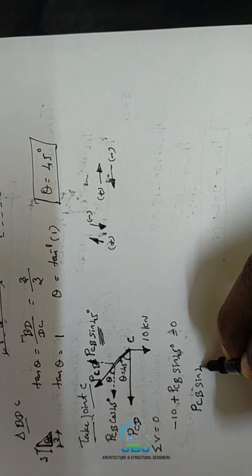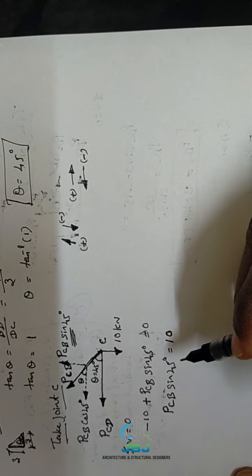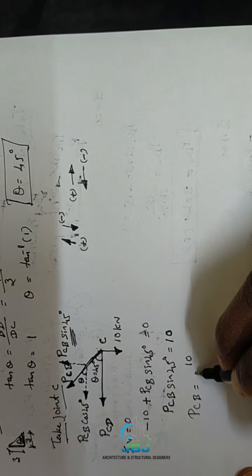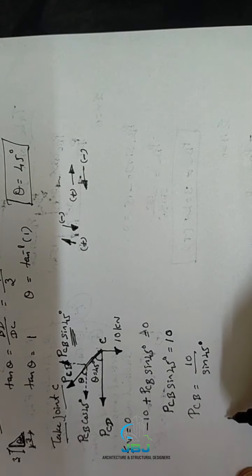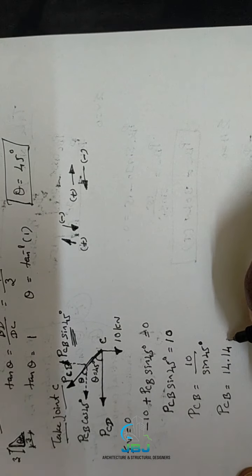PCB sine 45 degree equal to 10. When you bring this constant value over here, the sign changes, right? Then what's the value of PCB? 10 divided by sine 45 degree. When you calculate this term, you will get PCB equal to 14.14 kilonewton.